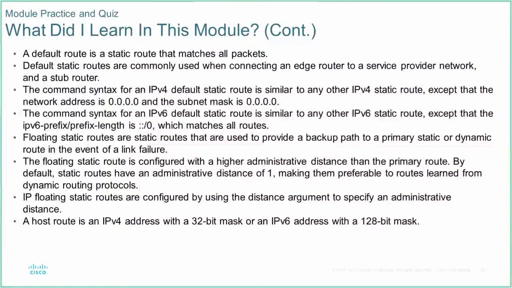We then had a look at what are called host routes, where the entire address space is considered network space. So the 32 mask is used to signify the network portion.